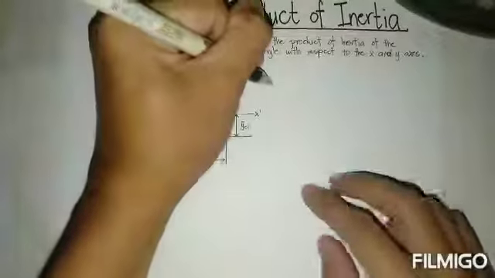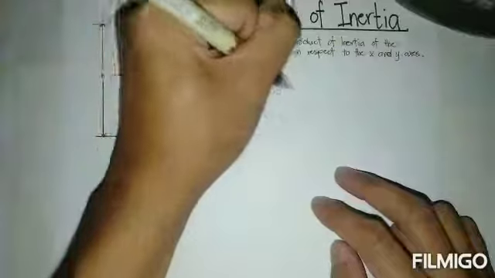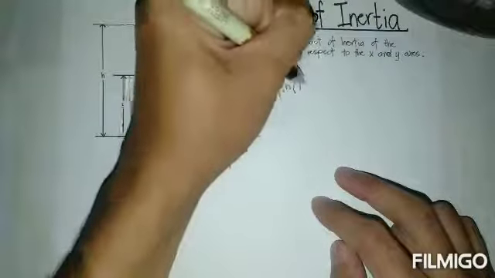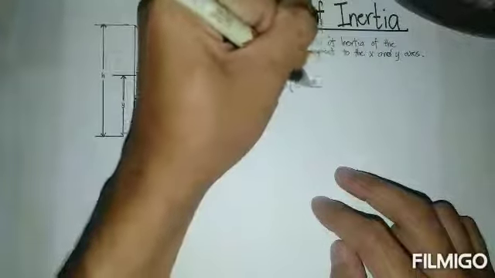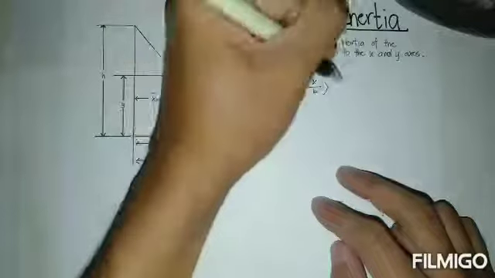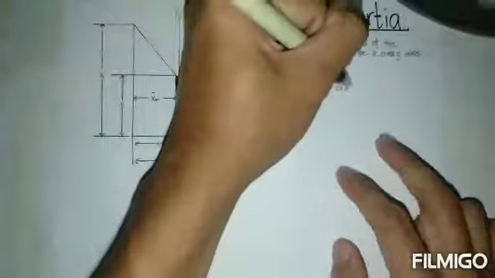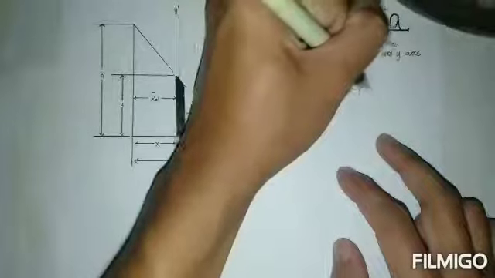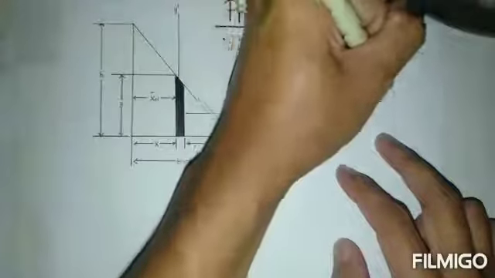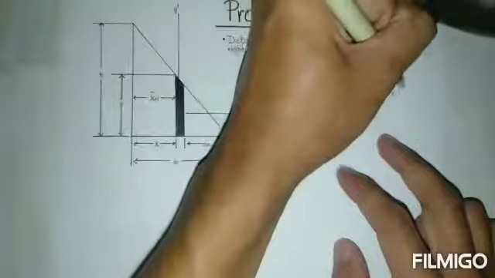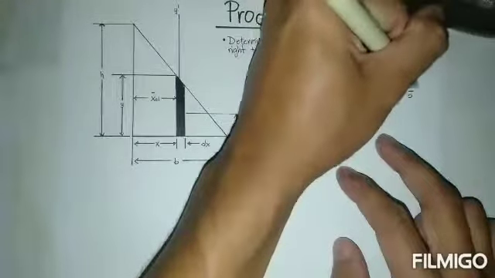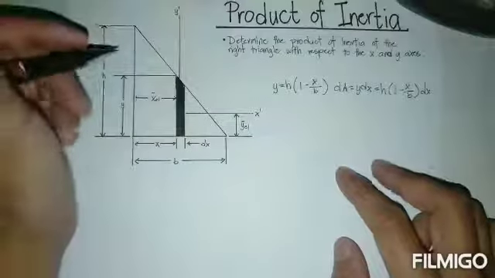So y equals height times 1 minus x over b, and dA equals y dx, equals height times 1 minus x over b dx.